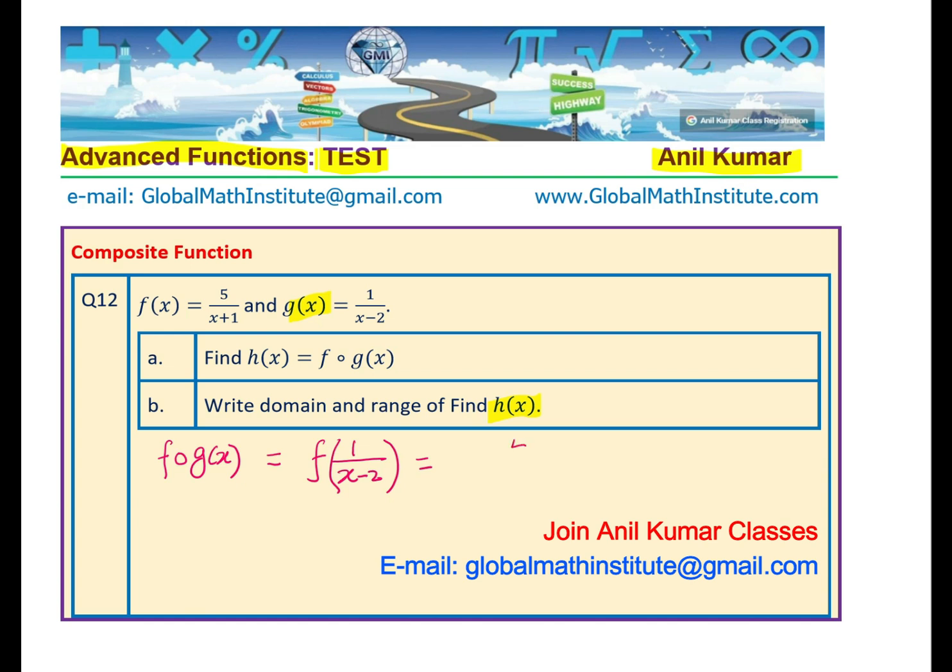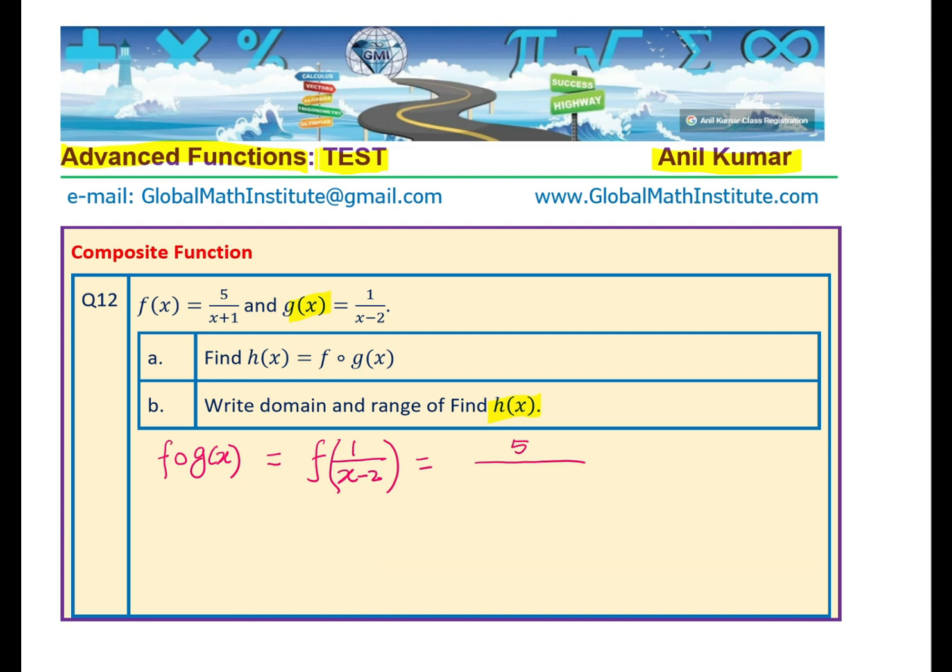So it becomes 5 over, instead of x, we'll write 1 over x minus 2, and then we have plus 1. Makes sense? Which will give us 5 times x minus 2, multiply both by x minus 2, and we get 1 plus x minus 2, right?